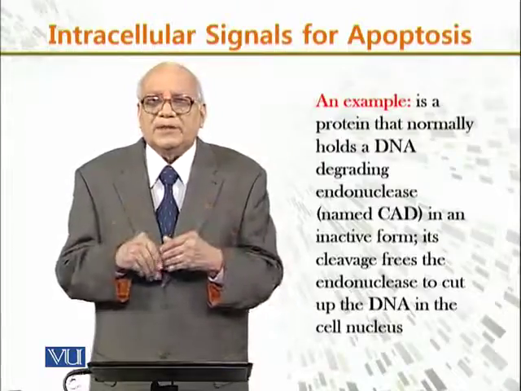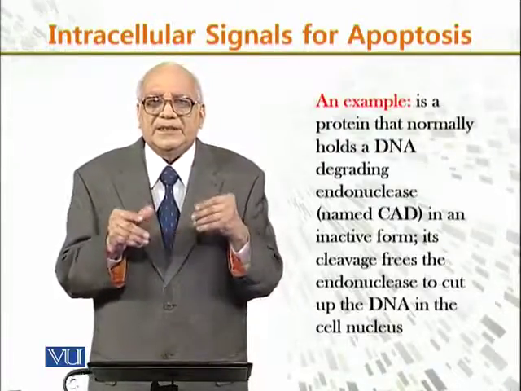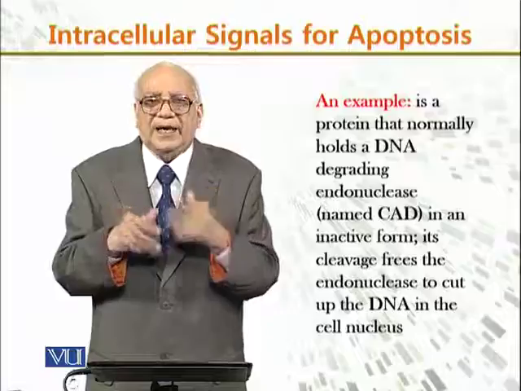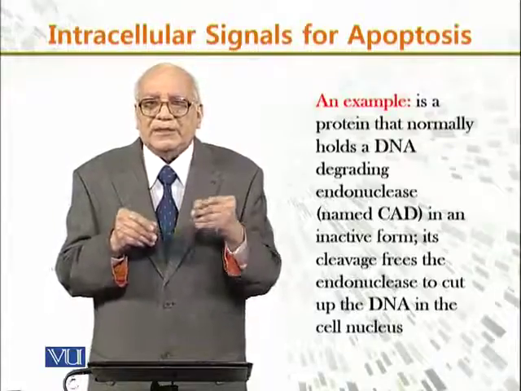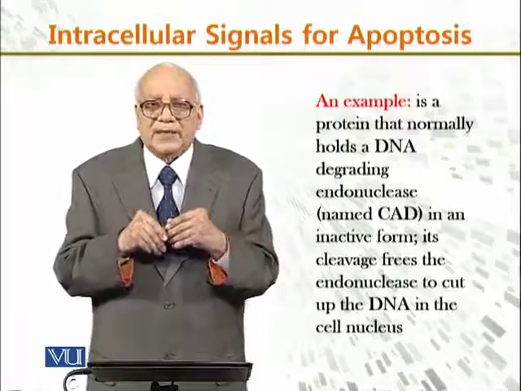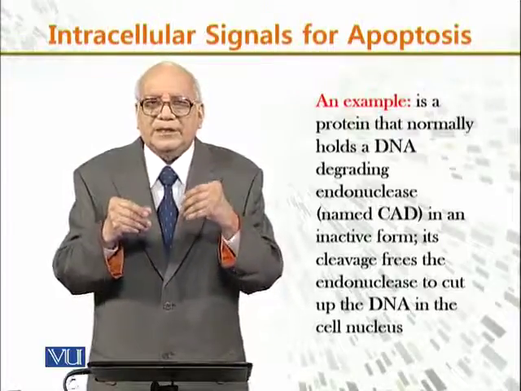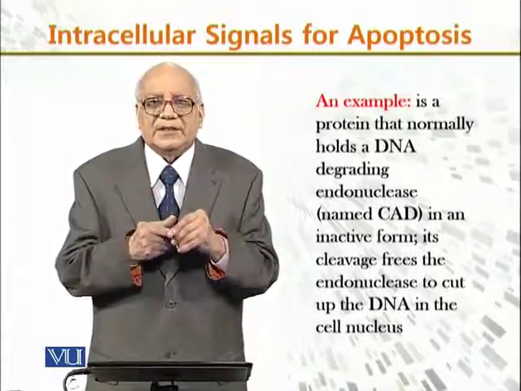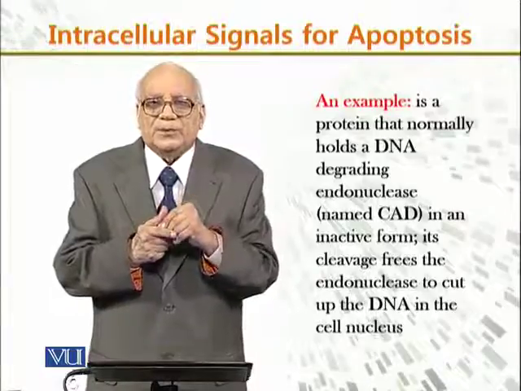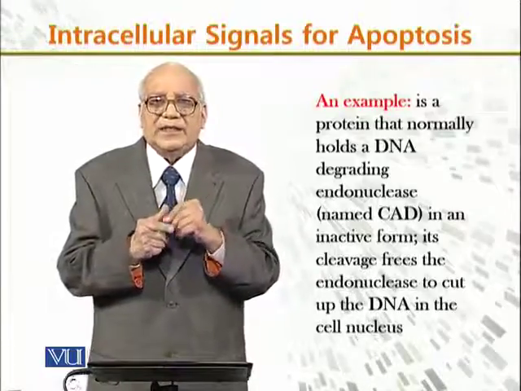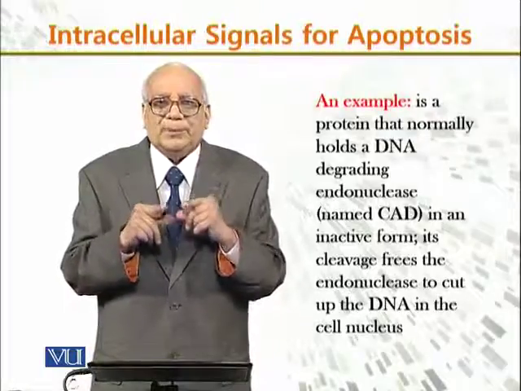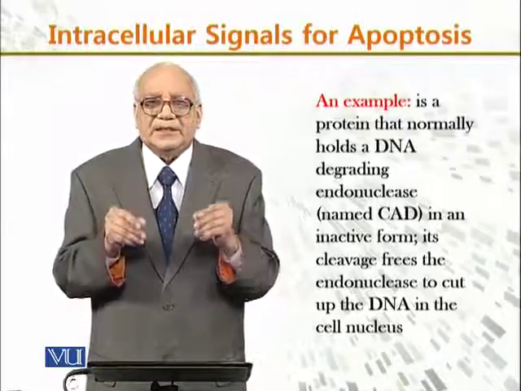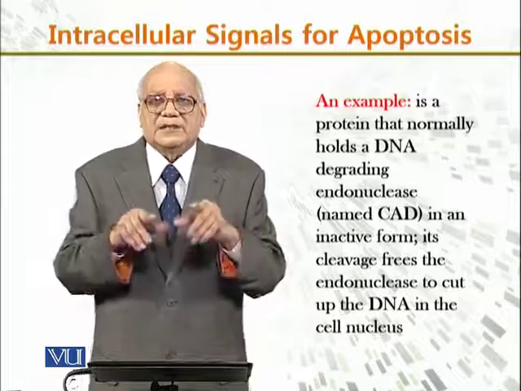An example is a protein that normally holds a DNA-degrading endonuclease, as we saw earlier, known as CAD, in an inactive form, and its cleavage frees the endonuclease to cut up the DNA in the cell nucleus. This is the joint action of the initiator and executioner proteins, and so this is how it works in apoptosis, in intracellular cell signaling.